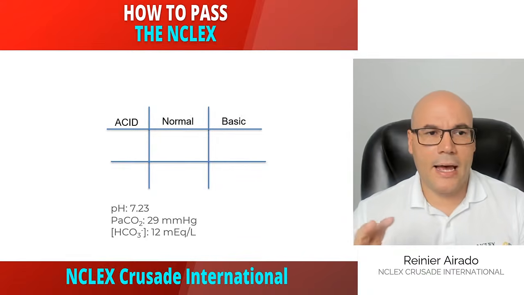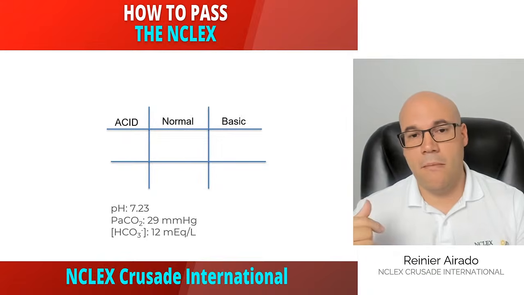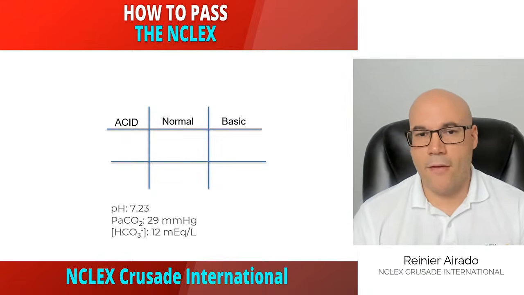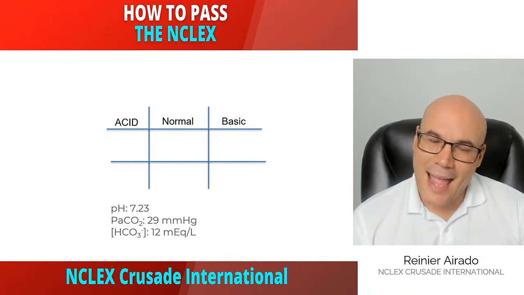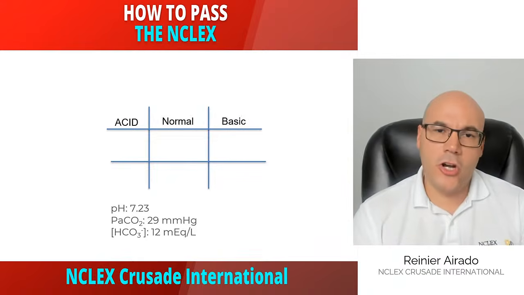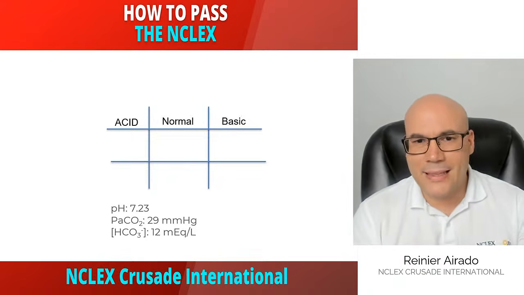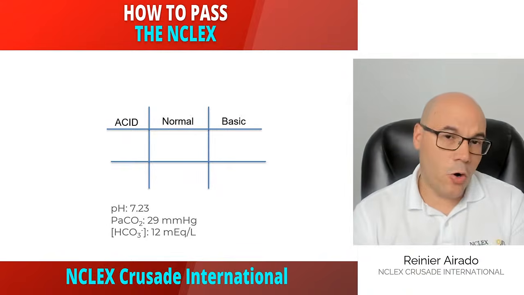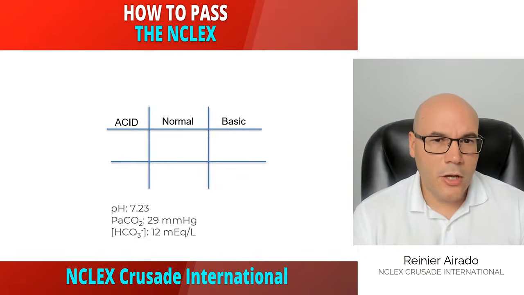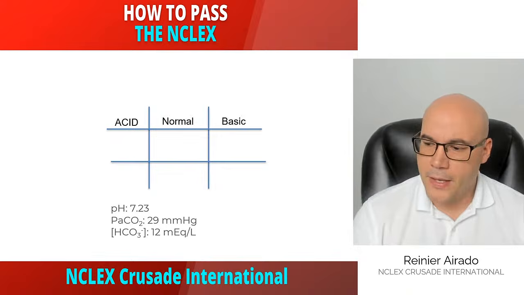This concerned me for a while, and at one of the annual meetings for the NCSBN that my wife and I were able to attend, I asked why different nursing books have different values to identify what is normal and not normal, and what a nursing student is supposed to use on the NCLEX.